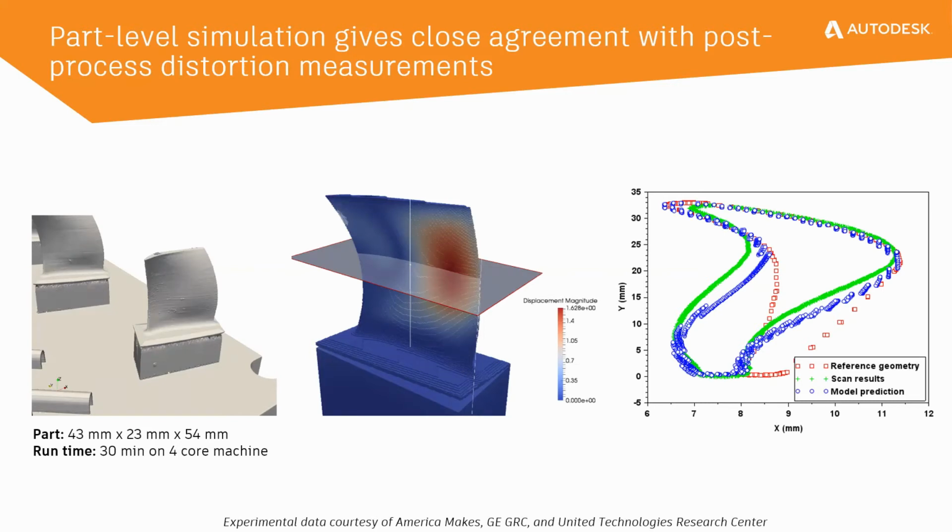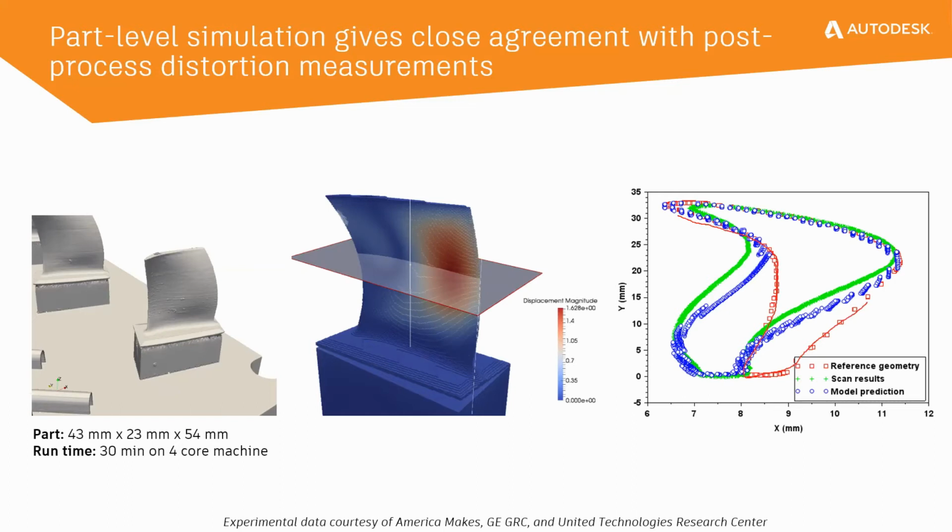But what you see on the screen right now is this fin geometry, which is hollow on the inside. And what happens when you try to print something like this is you end up with a geometry that you actually want to print, which is depicted by these red lines. So this is what you actually want to print, and this is at this cross section over here.